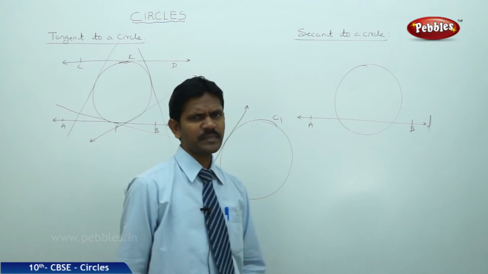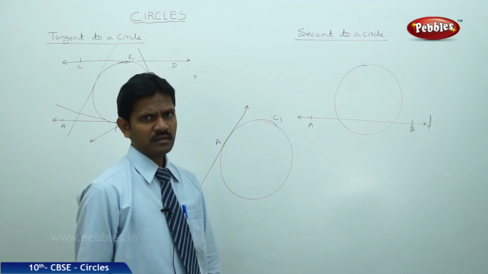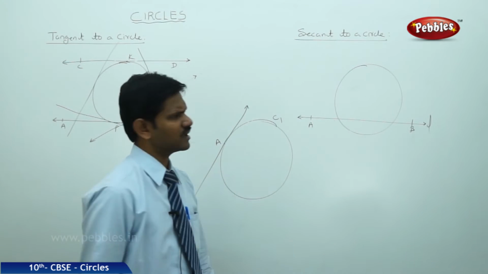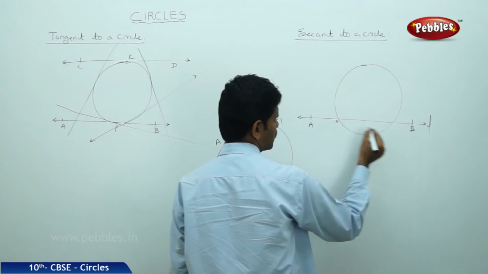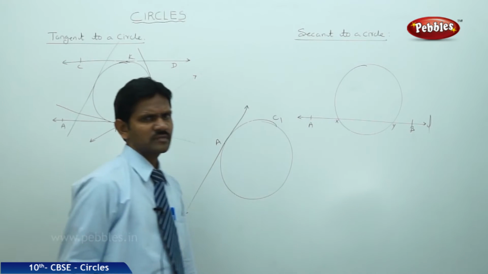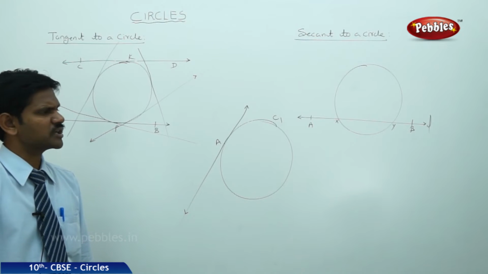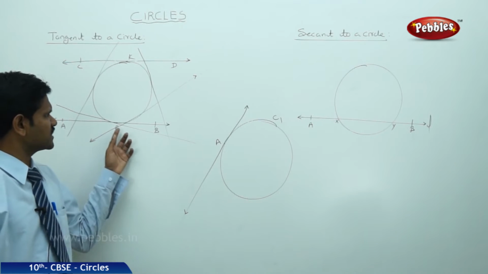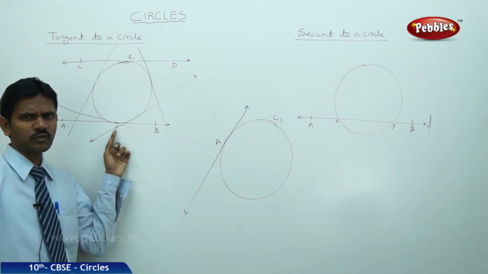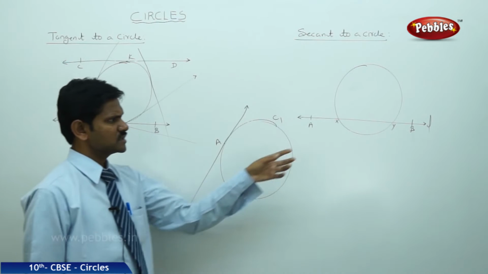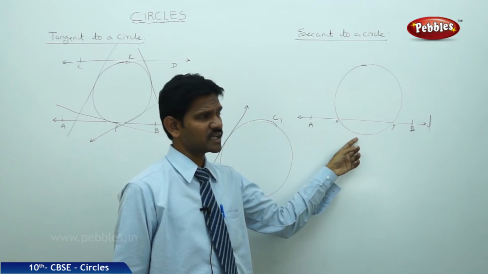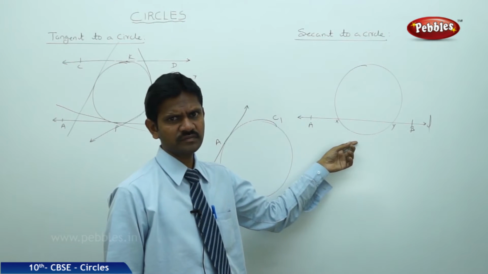This line segment AB intersects the circle at two different points, or two distinct points, and is called a secant to a circle. A tangent touches the circle at only one point, while a secant intersects the circle at two different points.